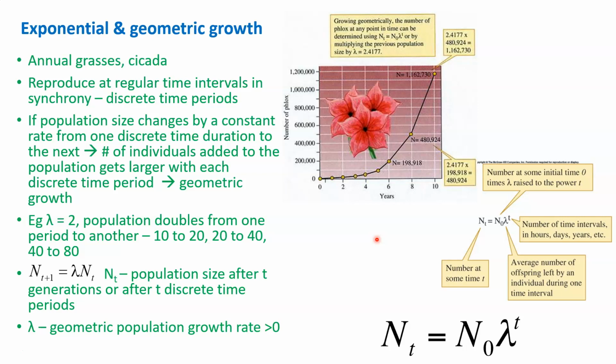All the individuals reproduce at regular time intervals, and all individuals reproduce at the same time, and after the reproduction they die. The same case for the grasses and the cicadas, right? So because of this regularity, and because they reproduce on discrete time intervals, we call that these species reproduce in synchrony, meaning all of them reproducing at the same time in a given time frame.